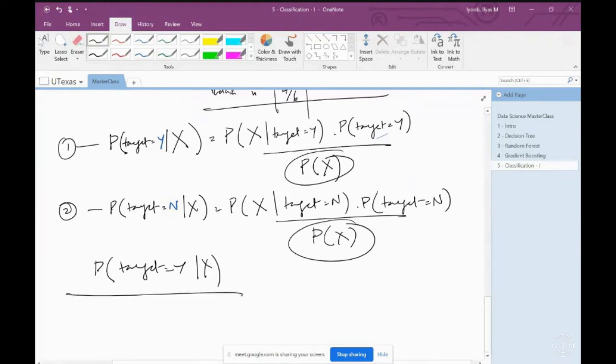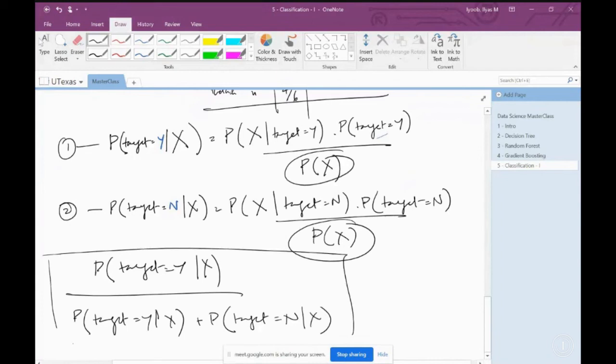and then we take the first equation divided by the first plus the second, so the probability that the target equals Y given x, and the probability that target is no, given x. If we calculate this ratio, we know you have a probability of x denominator here and a probability of x denominator here, which means both of them get canceled out.